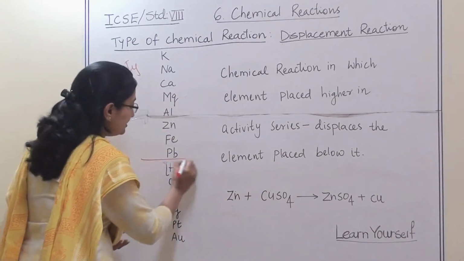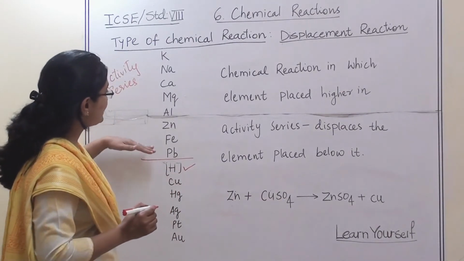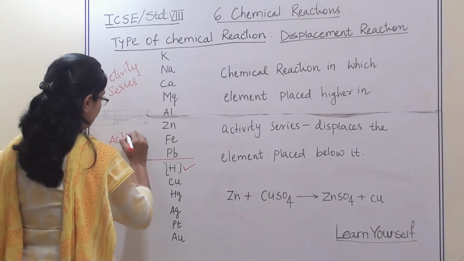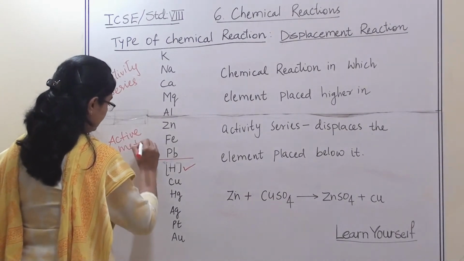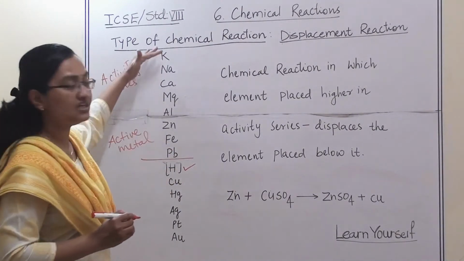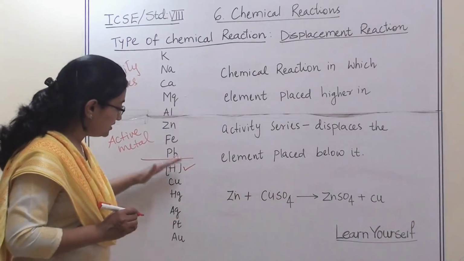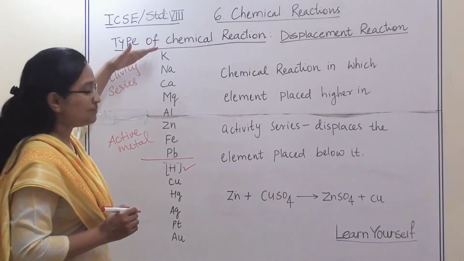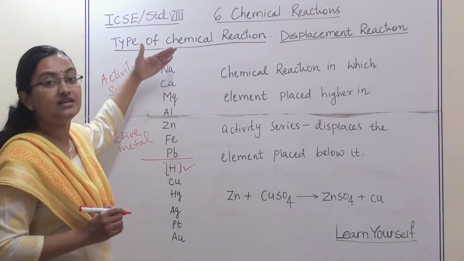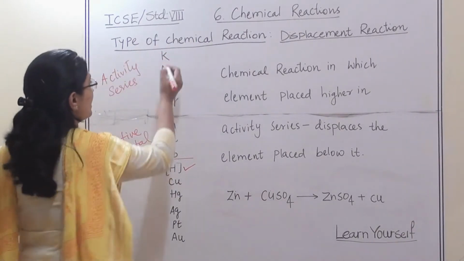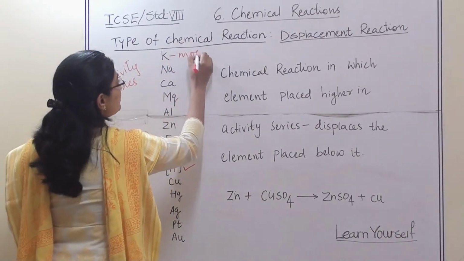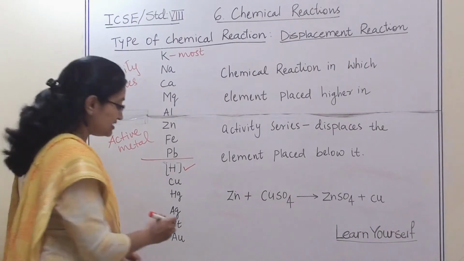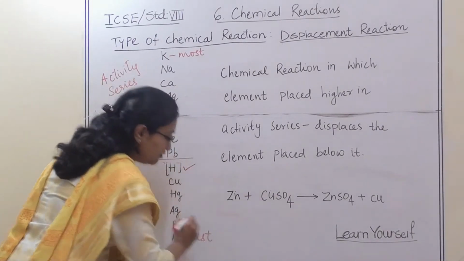Now all the metals which are placed above hydrogen are known as active metals. Their reactivity is more compared to the metals below. Whatever metal is placed above is very reactive. So the first metal is the most reactive metal and the last metal is the least reactive metal.